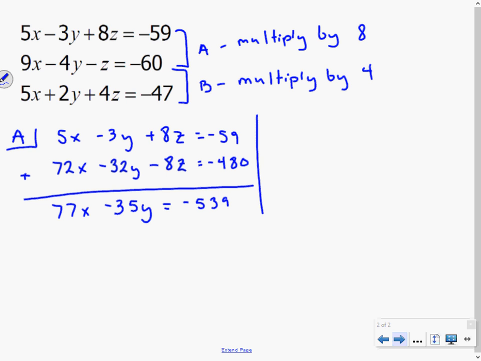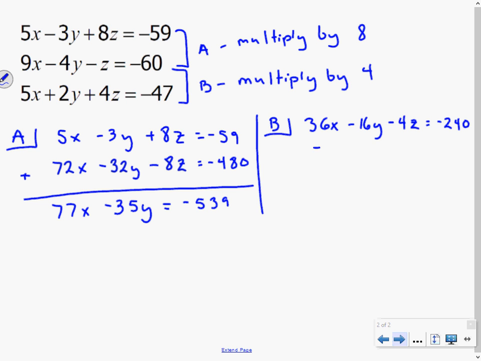So now let's set up our b equation here. We said the middle equation was going to get multiplied by 4. So we've got 36x minus 16y minus 4z equal to negative 240 now.